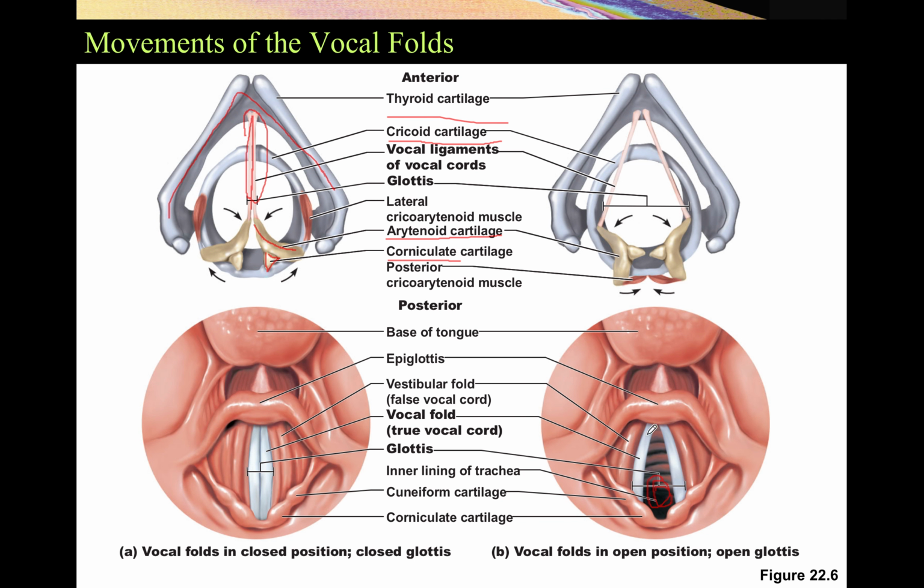If the 2 vocal cords are far apart from each other, then the glottis is open, which means air can easily get in and out. If the vocal cords are really close together, then the glottis is closed, and that is very important for the production of voice.